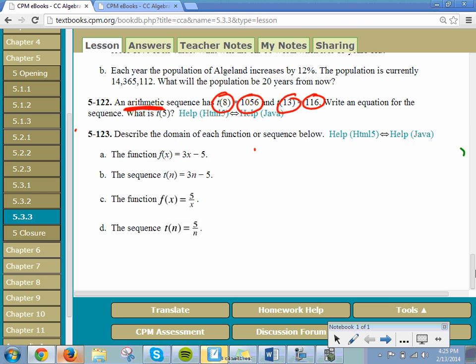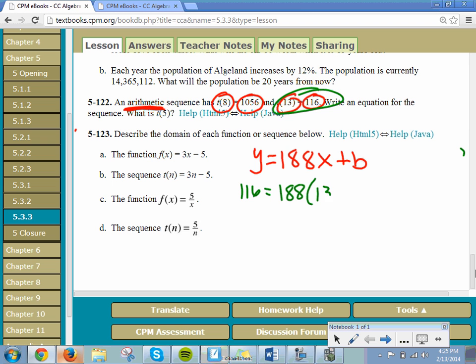How that'll go back into our equation then is that y is equal to 188 x plus b. So we're going to need to figure out what our starting value would be. So to do that, we're going to pick a pair of points. I'm going to pick 13, 116 to be a little bit easier. So when 116 is equal to 188 times 13 plus b.